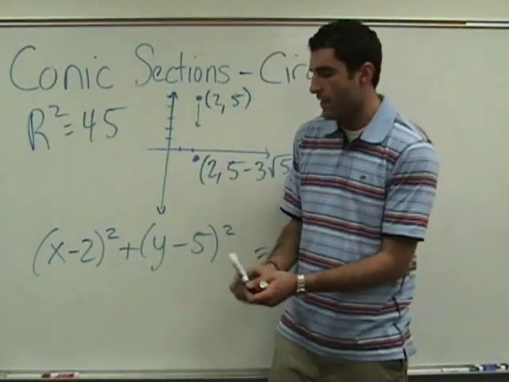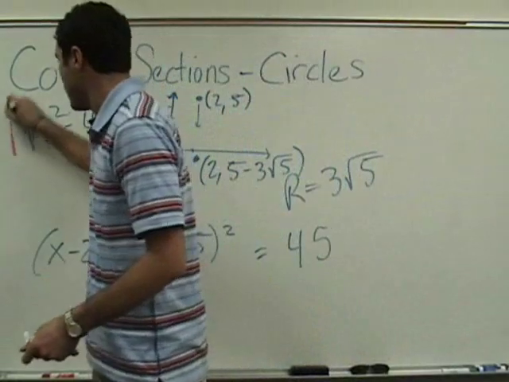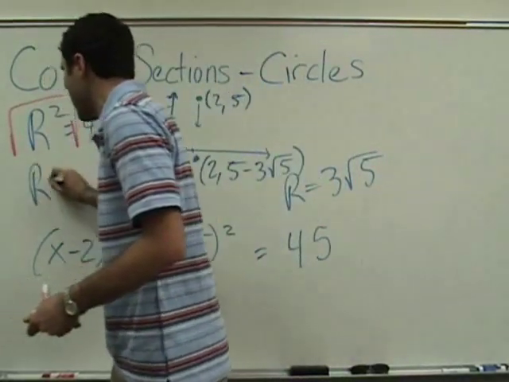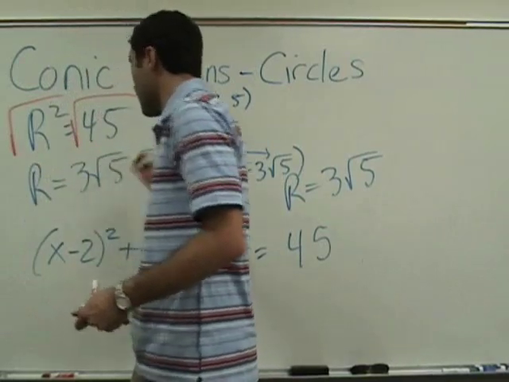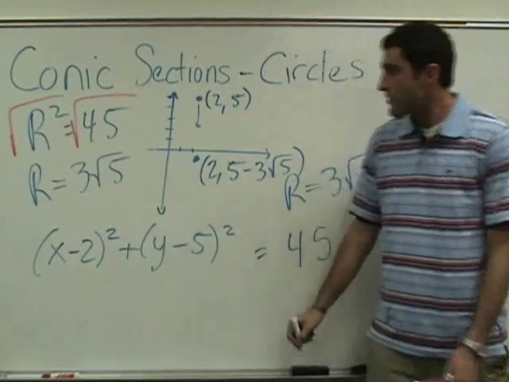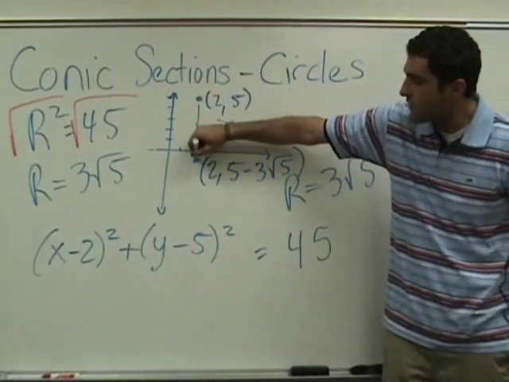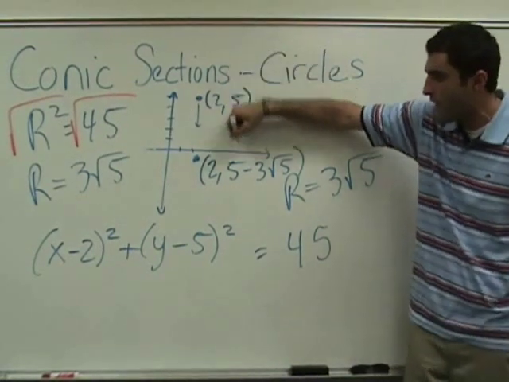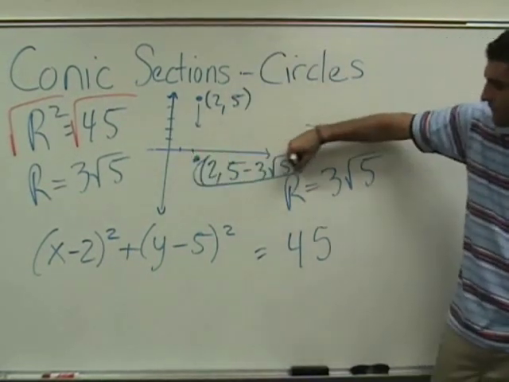So the radius is the root of that, and that's 3 root 5. So what's the radius? 3 root 5. So to get a point that's on the circle, we take our 5, our starting point, we subtract 3 root 5 from it, and that's this point.